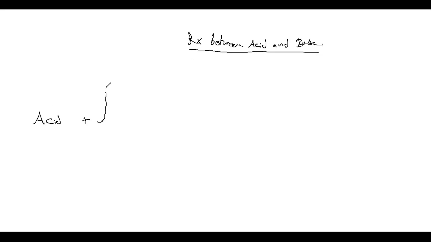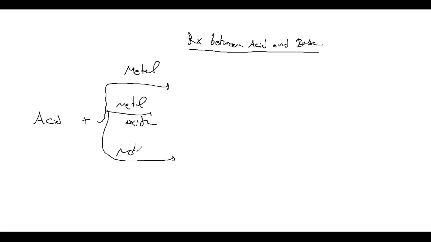After that, the reaction between acid and alkalis, or acid and base. We take base to be in the solid form. You will find that acid reacts with metal, or metal oxide, or metal hydroxide, or metal carbonate.